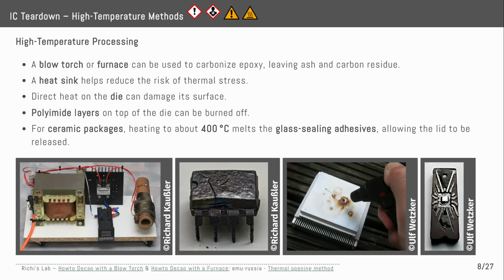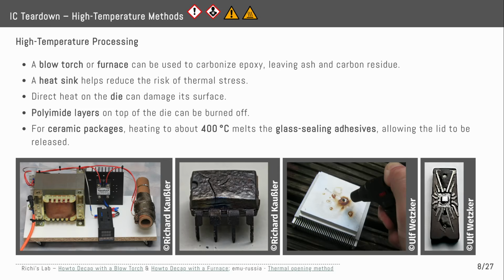You can use a blowtorch for this. With the blowtorch method, I was also able to open ceramic packages because you heat them up over 400 degrees, and basically the glass sealing adhesive just melts away, and if you have it in a vise, you just pop off the ceramic lid.